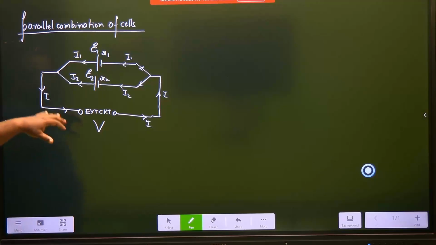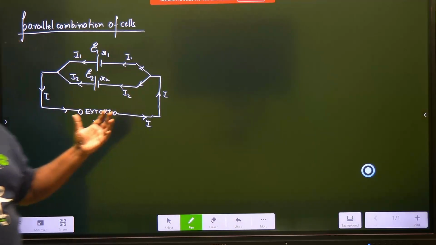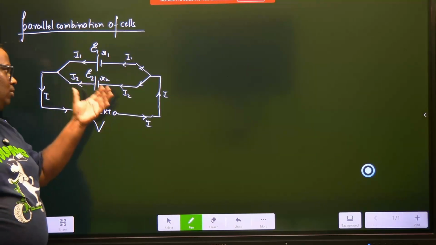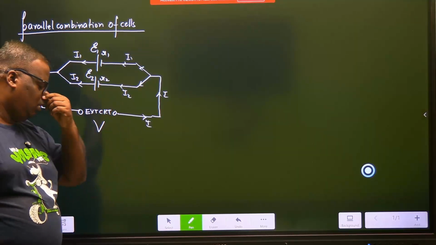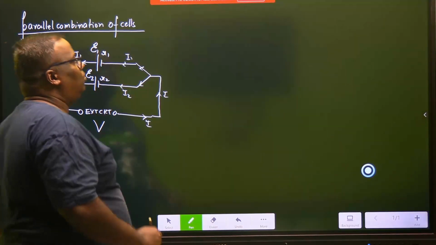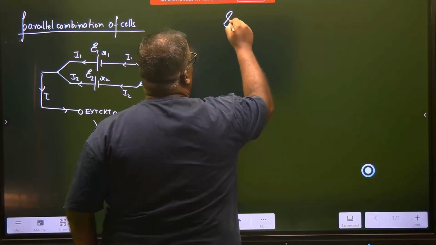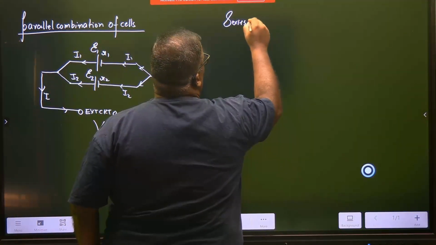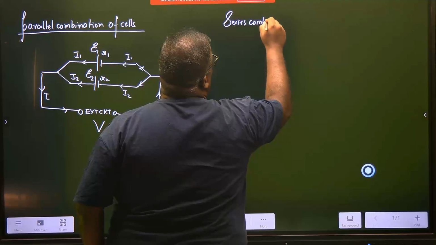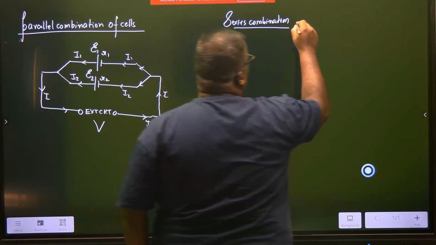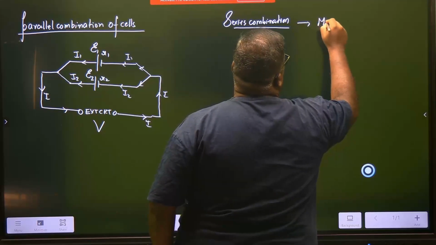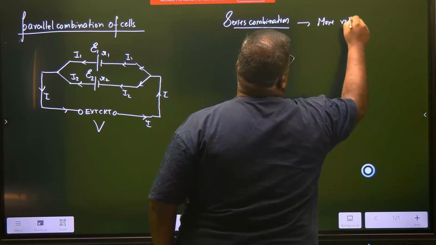So we will now look at what is the equivalent cell or the equivalent EMF of this combination, and what is the equivalent internal resistance. Now, if you remember, in series combination, your target was to get more voltage.